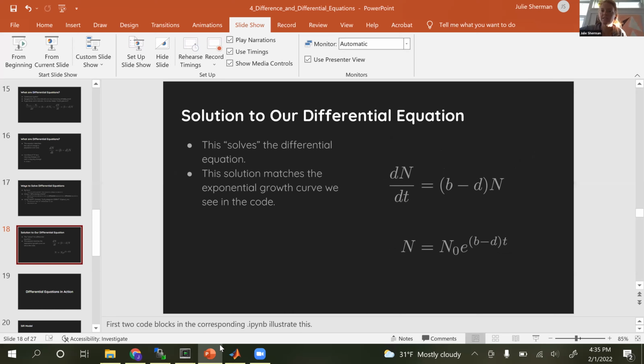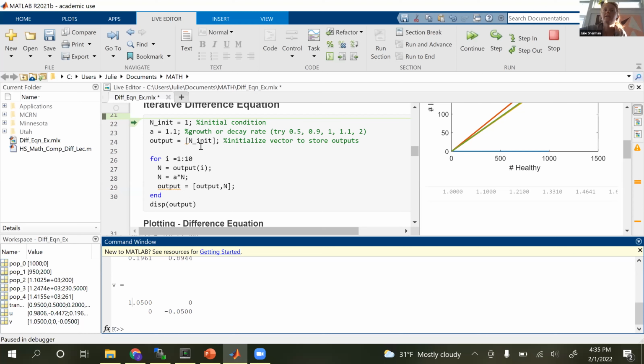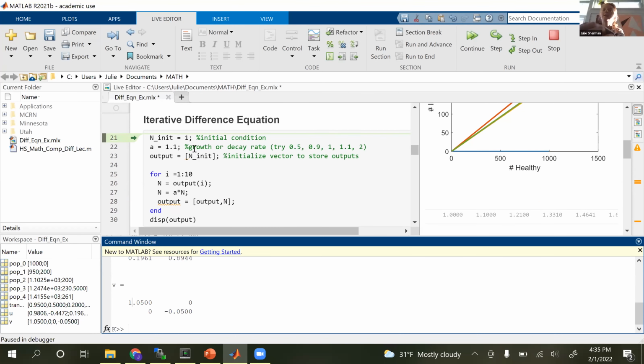So I have just a little bit more in MATLAB to show you with respect to that. So this first part here is thinking about an iterative difference equation. So we're now looking at that N equals b minus d N again. And if b minus d is the coefficient 1.1, then what we can do is find the next N by just multiplying the last one by it.